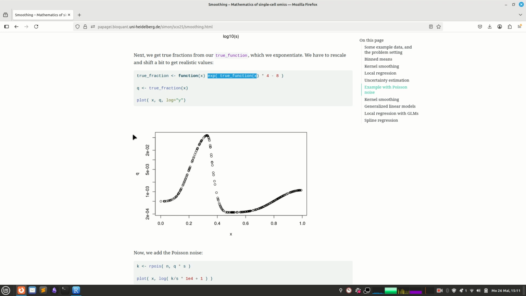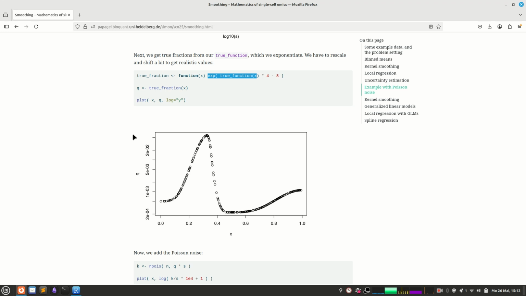Then after exponentiation with the x, it looks like this, and you see I have shifted it a little bit along that value range, so that all the values are sort of in this area of what we are used to from single cell, that the gene might take up maybe 1% or maybe 10 to the -5 of all the counts that we get in total from the cell.